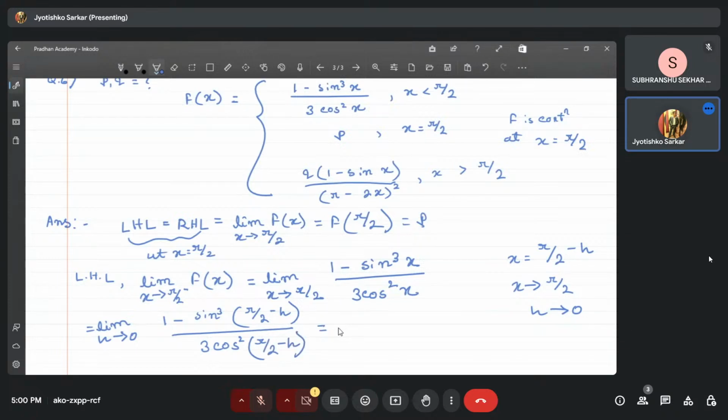Now this is limit h tends to 0, 1 minus cos cube h by 3 sine square h, the basic trigonometry.